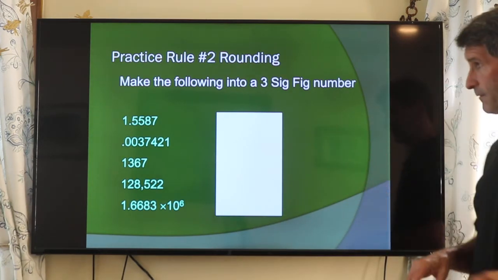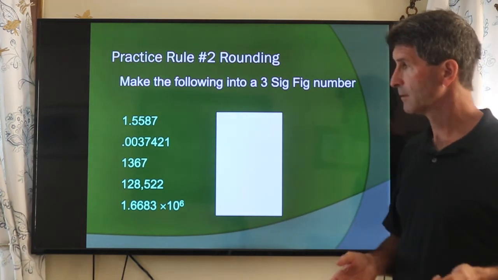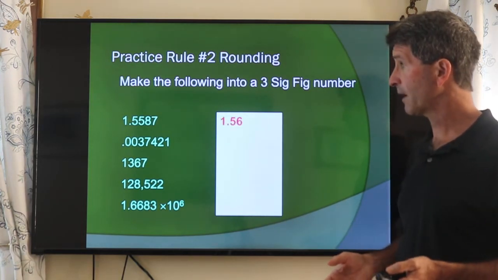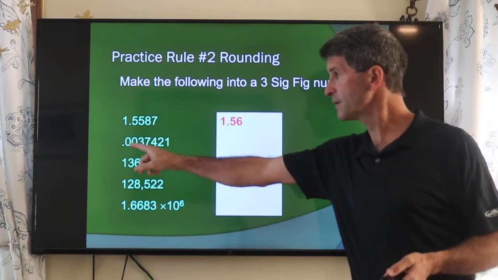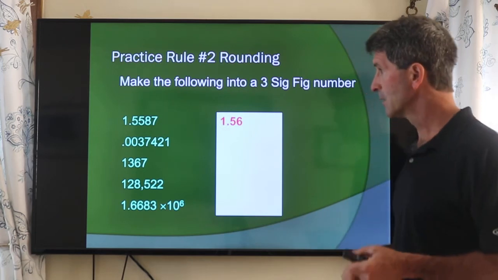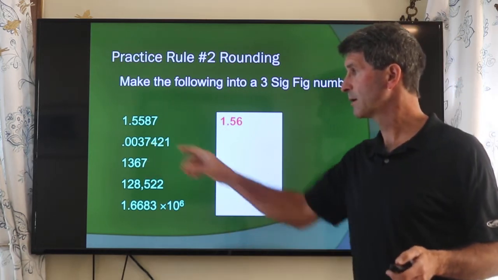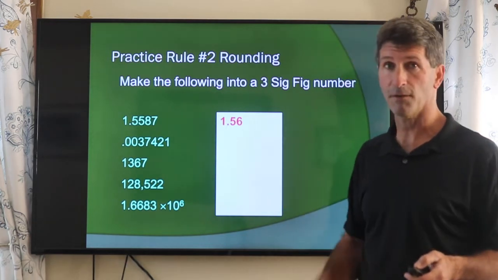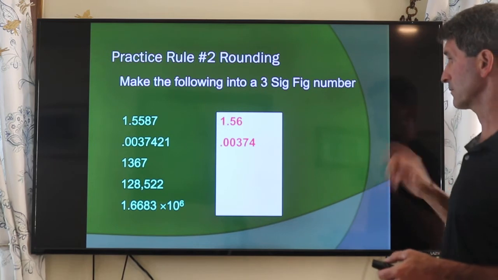We want 3 significant figures, so we only want 3 digits left. 1.5587, round up, 1.56. Here, these 2 are not significant, they're just placeholders, there's zeros in front, we knew that already. So we want 3 significant figures, we'll keep the 3, keep the 7, what do we do with the 4? Keep it where it is because 2 is less than 5, chop the 2 and 1 off, we get 0.00374.